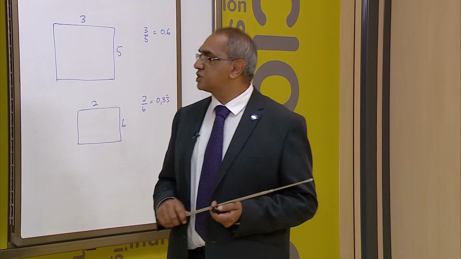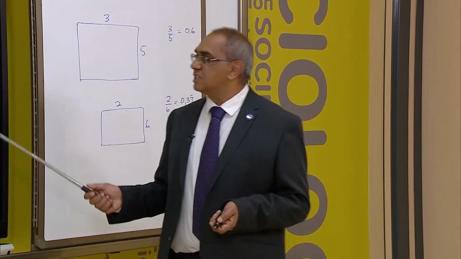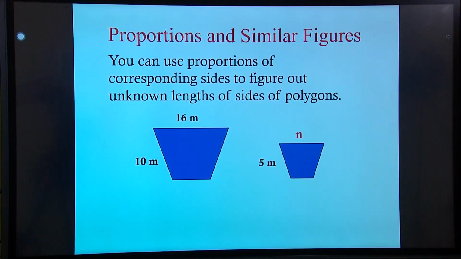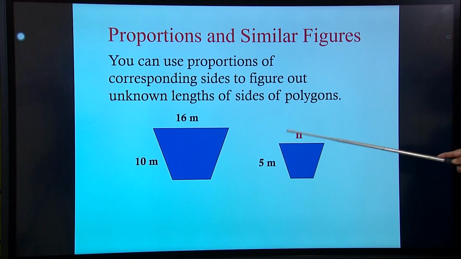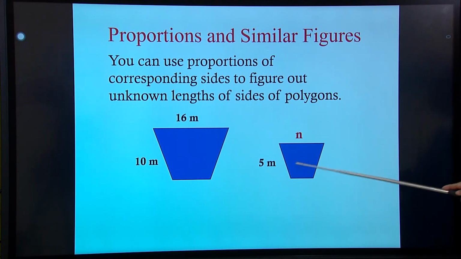All right, so proportion and similar figures. We can use proportion to work out the unknown side. If we look at these two figures, they are the same shape. And if they tell us that these two are similar, then I can make the assumption that the proportions are equal.